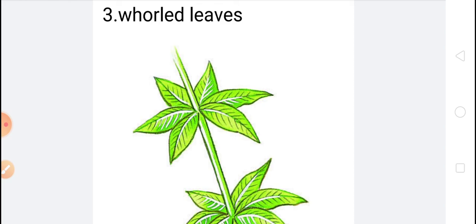Then we studied leaf modification into spines and tendrils, and leaves changed into special structures called traps, like Venus flytrap and pitcher plant. We also studied the arrangement of leaves: alternate, opposite, and whorled arrangement on the stem.